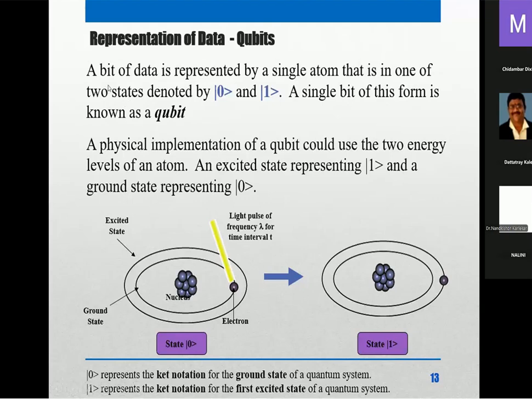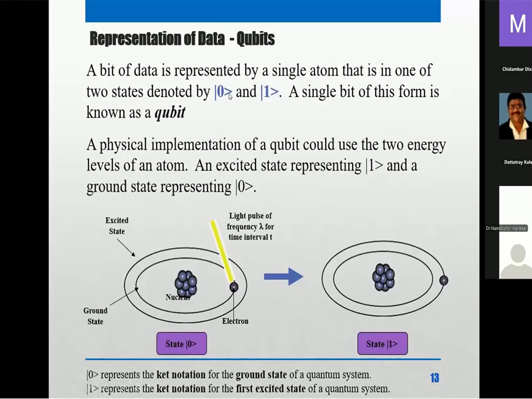You can see here the presentation of a qubit. A bit of data is presented by a single atom that is in one of two states, denoted by 0, which is called the ground state. That is ket notation.